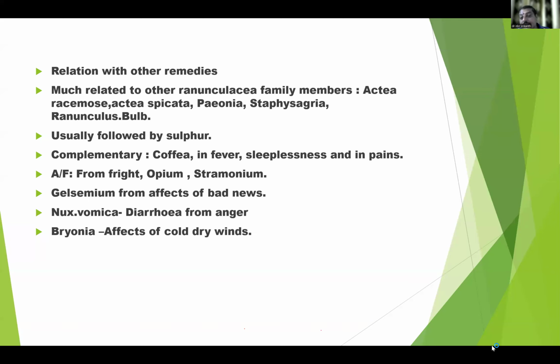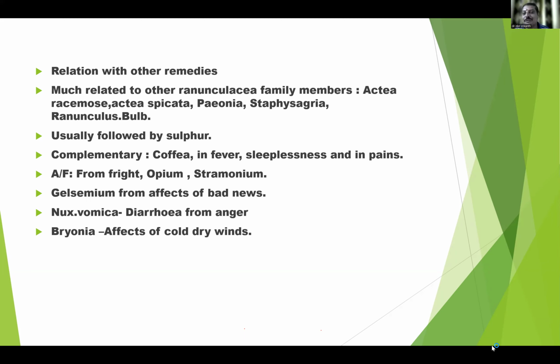So like that, there are many indications, many similarities between aconite and coffea. The only thing that differs is that coffea has this fever, sleeplessness, pains, but with a causation of something happy, some unexpected joy.